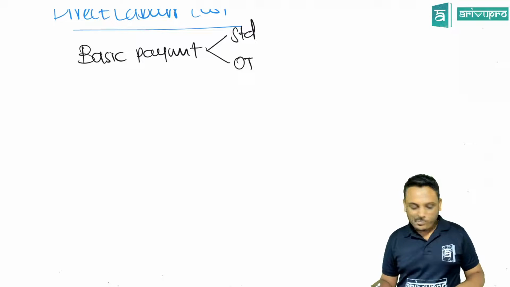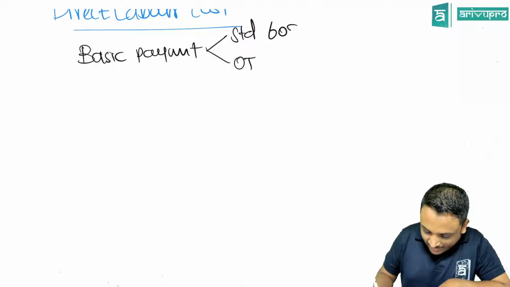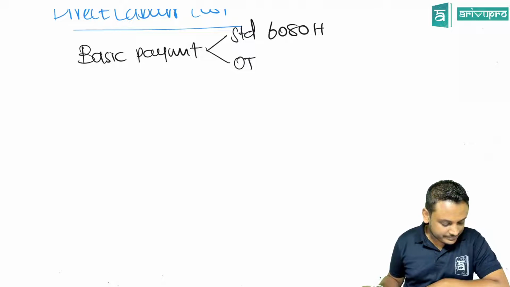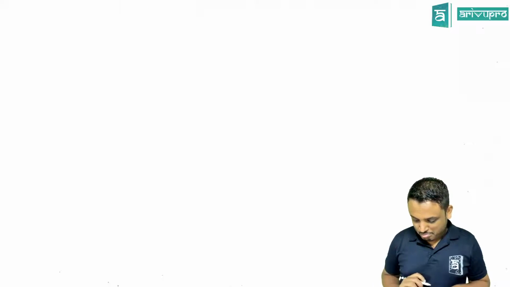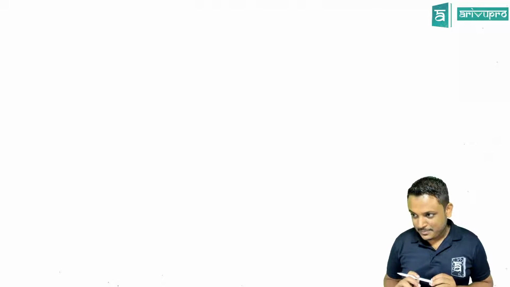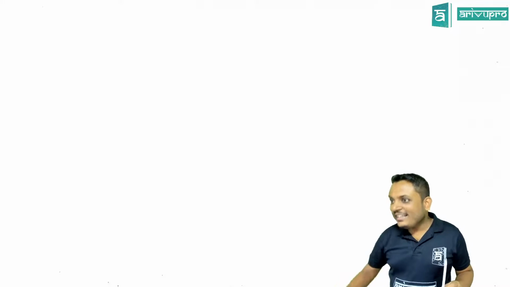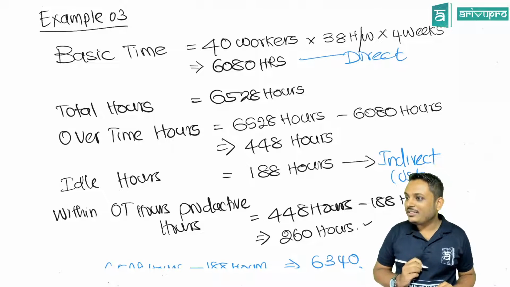Standard time, how many hours? 6,080 hours. Overtime, how many hours? 448 includes idle time also, which is indirect. You can't take it. So how much? 260. Now you understood why I computed this.